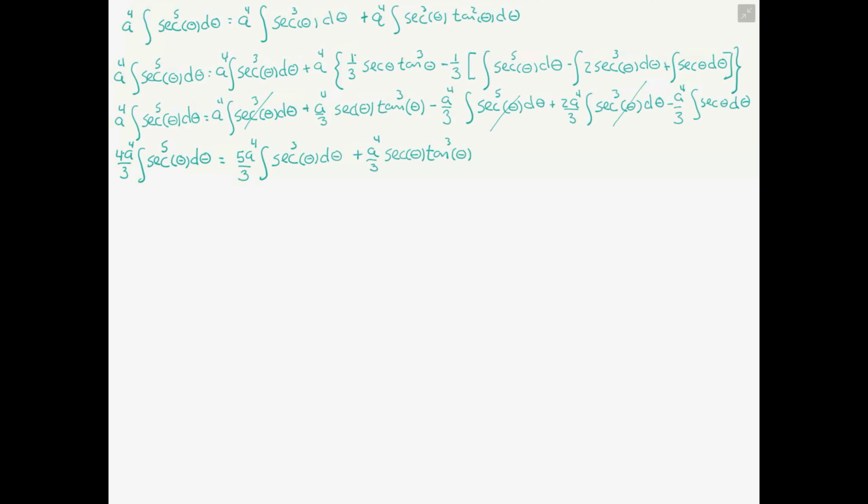And lastly, our final term, which is minus a to the fourth over 3 secant theta d theta.